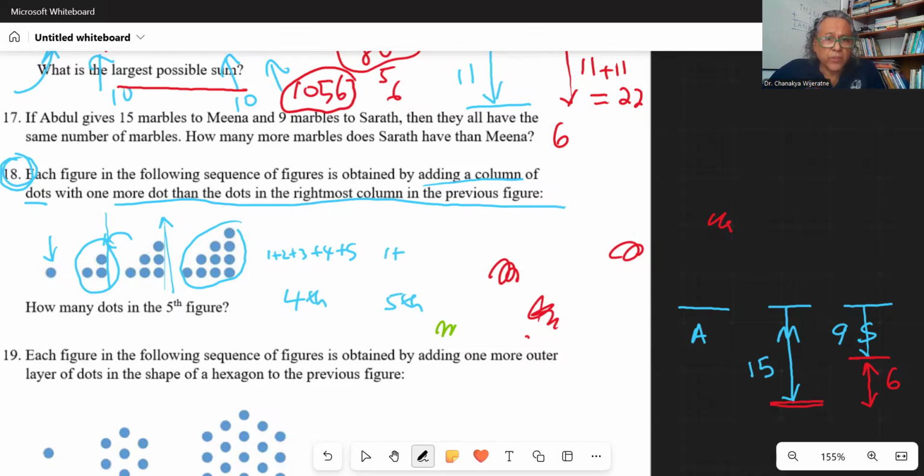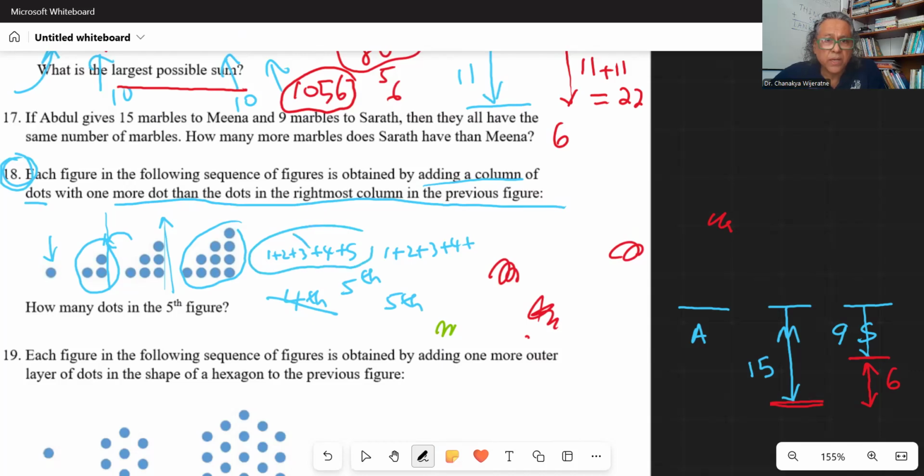So you add one more column. Now this is the number of dots that the previous figure had. 1, 2. So this is actually not, this is the fifth one. So mistake. So the fifth one actually should have this many dots.